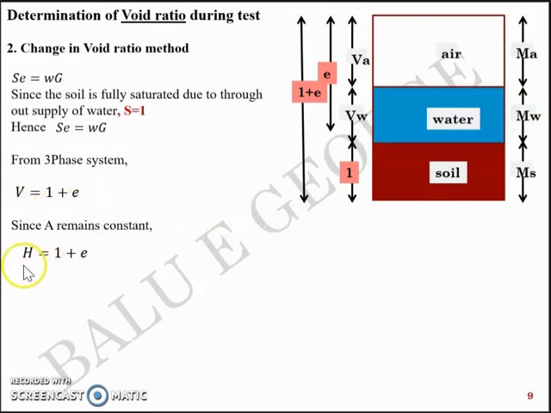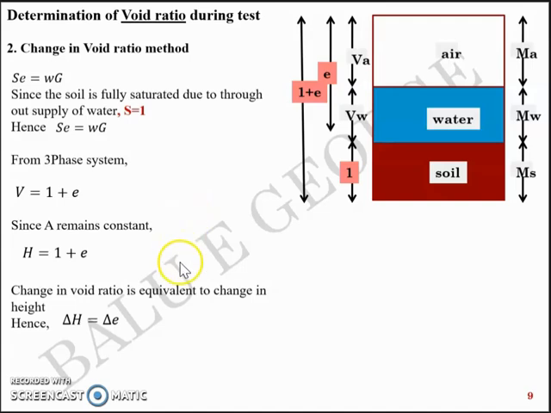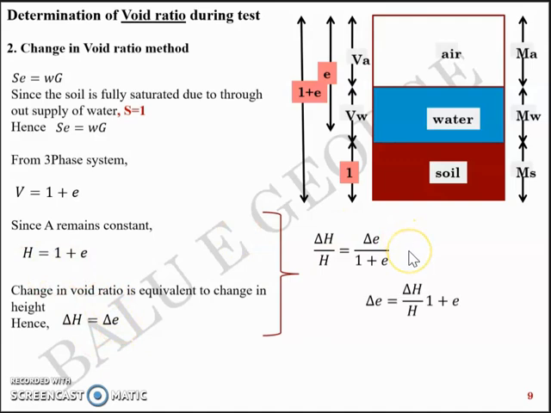Volume can be replaced by height because area remains constant, and the change in height is thus equivalent to the change in void ratio, delta H equivalent to delta e. From this, you can take the ratio of delta H by H as delta e by 1 plus e, or delta e equal to delta H by H multiplied by 1 plus e, where delta e is the change in void ratio.